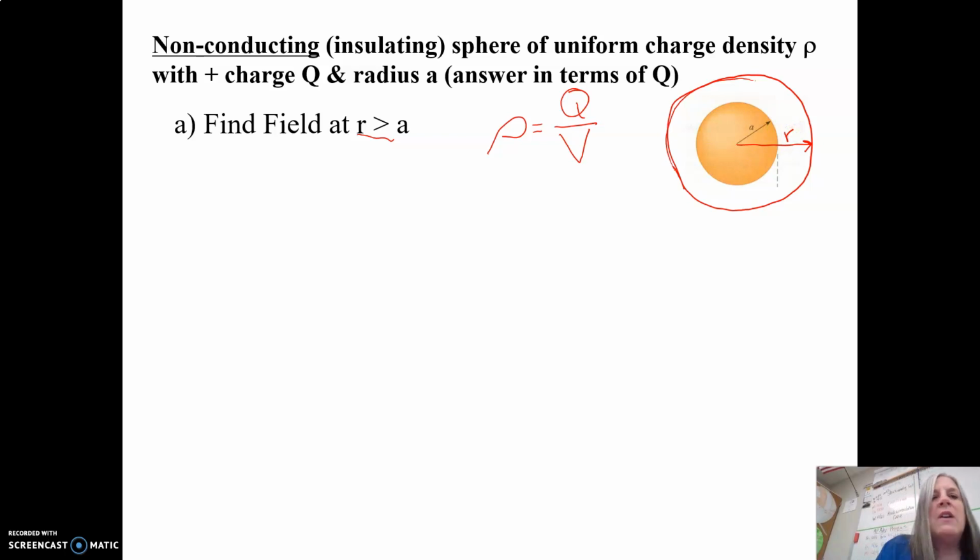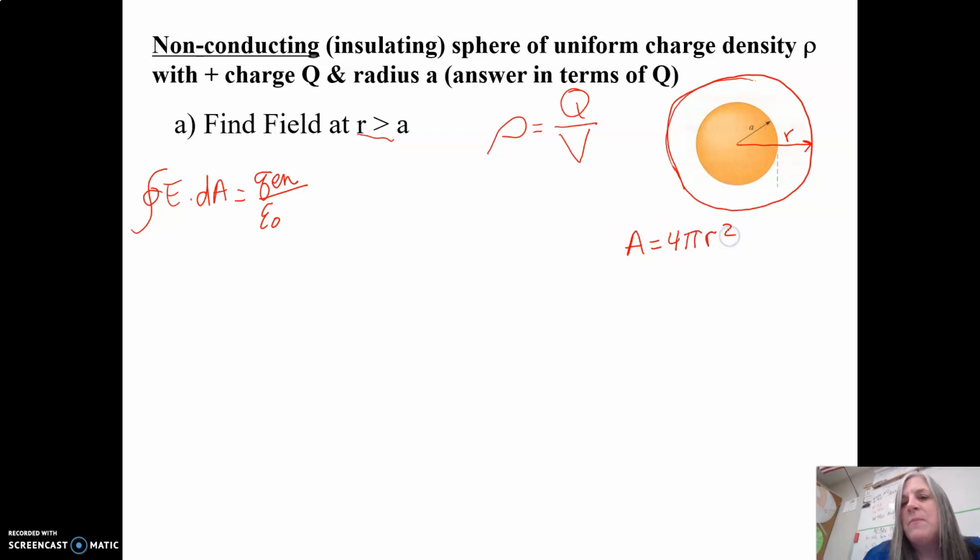And remember, Gauss's law is the surface integral of E dot dA equal to the enclosed charge over epsilon naught. When we deal with spheres, the area of a sphere is 4 pi r squared.